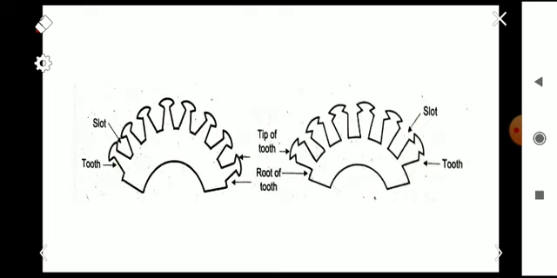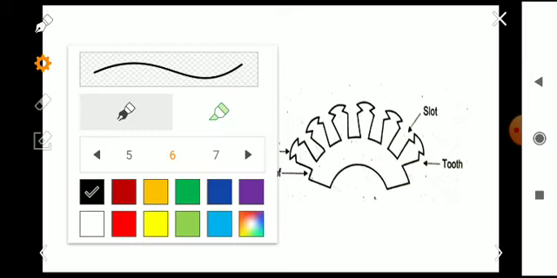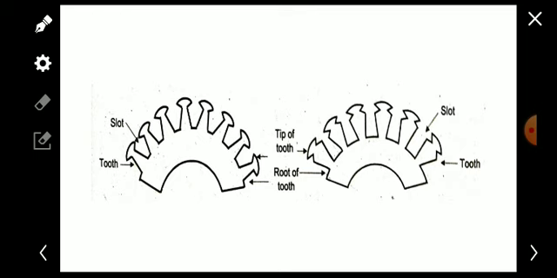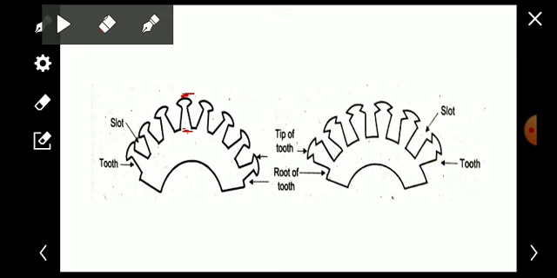If you are considering a point here, we have to calculate the area of cross section at this point, and if you consider a point at the tip of the tooth, we have to calculate the cross section there. This portion will be the root of the teeth, and this will be the tip of the teeth. Note down the two main points, root and tip.